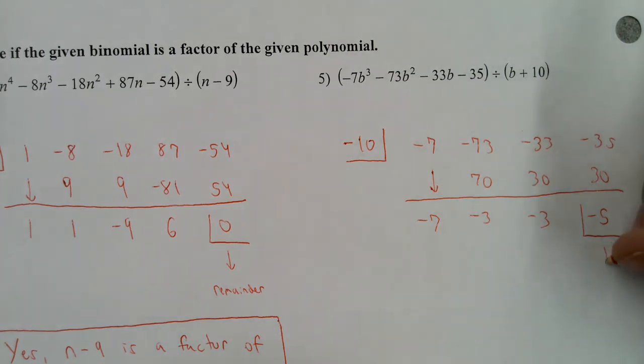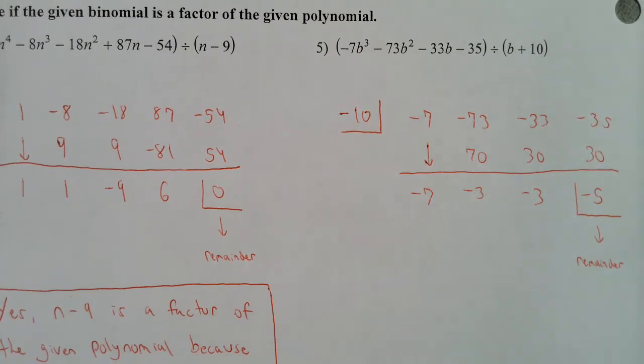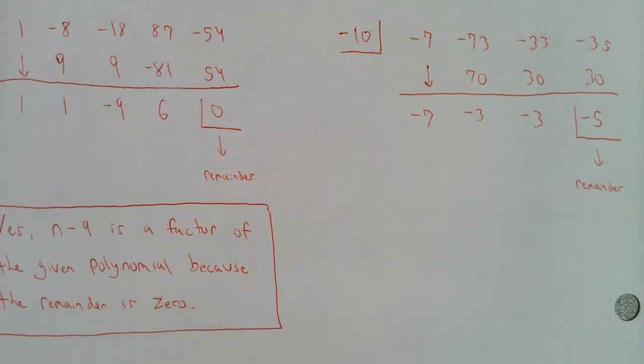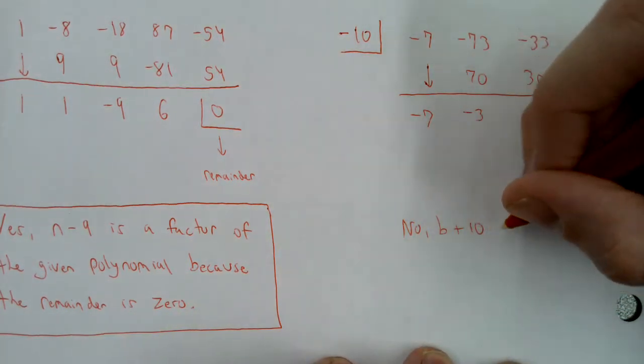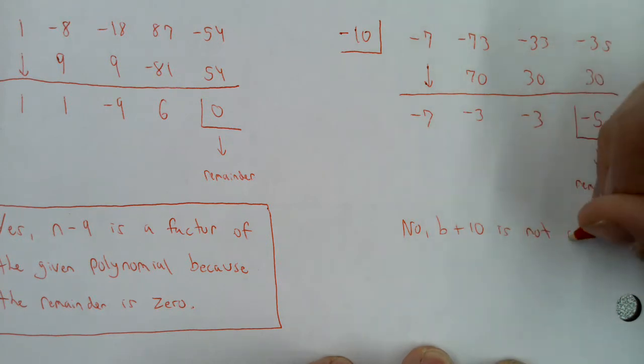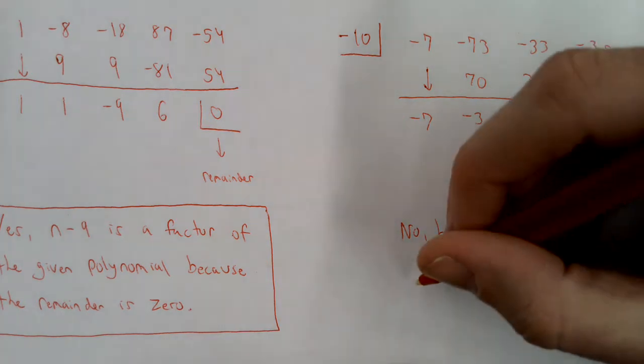Okay, so this is the remainder. So since there is a remainder, in other words, since the remainder is not 0, the answer is no. So I'll say no, x plus 10 is not a factor of the given polynomial.